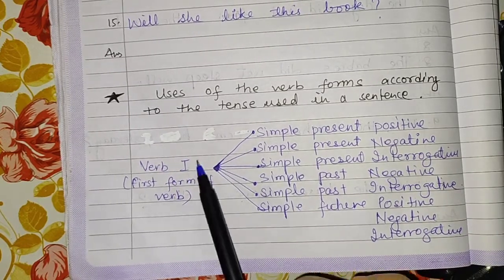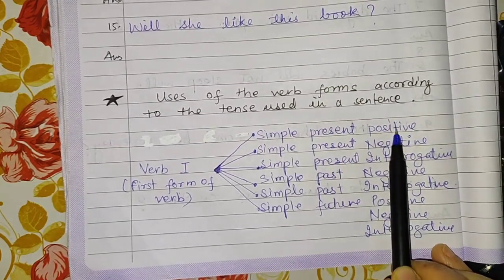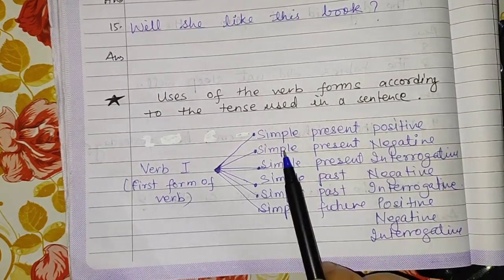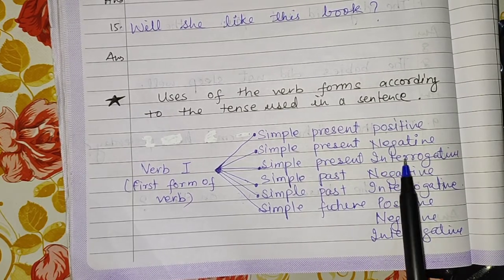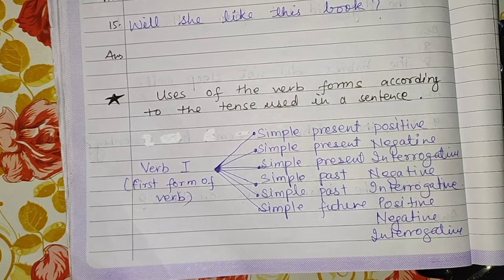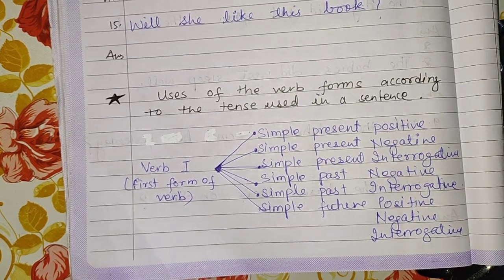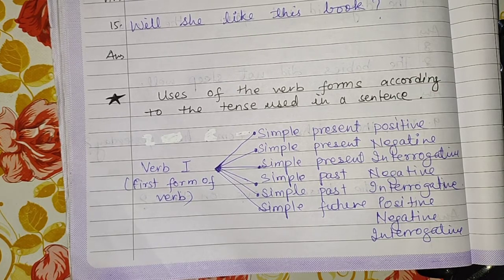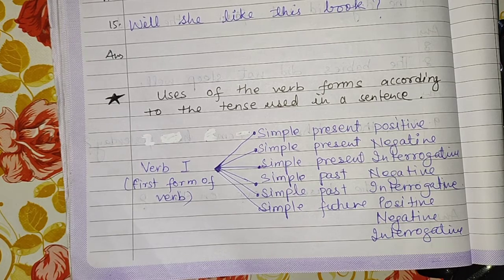Now verb 1 is always used in simple present positive sentence, simple present negative sentence, and simple present interrogative sentence. It means whenever you are using a verb, the action word, in a simple present tense, it should always be in verb 1 form.